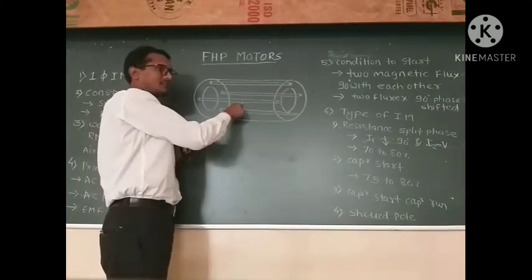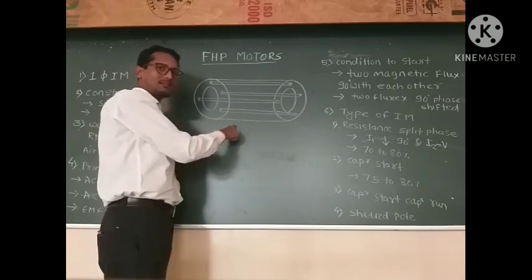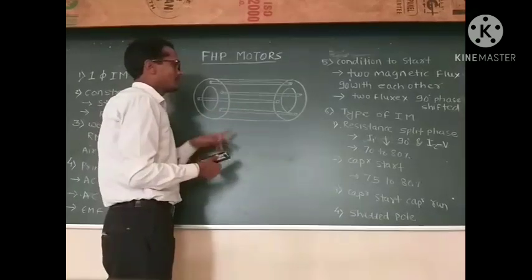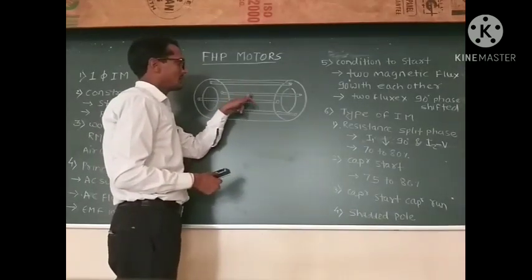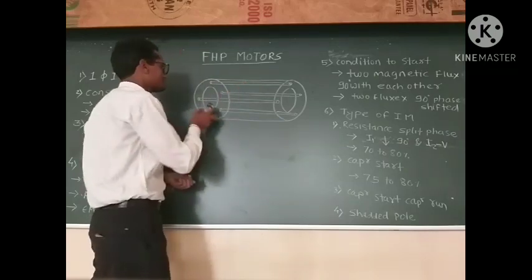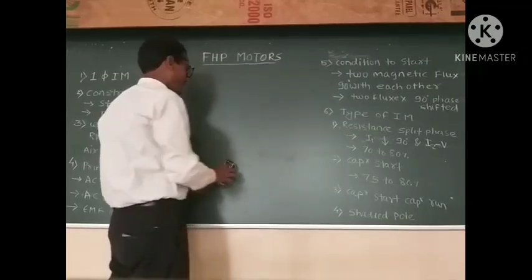So this structure is like a cage. Because of that, it is called a squirrel cage rotor, and these dampers perform the role of conductors.